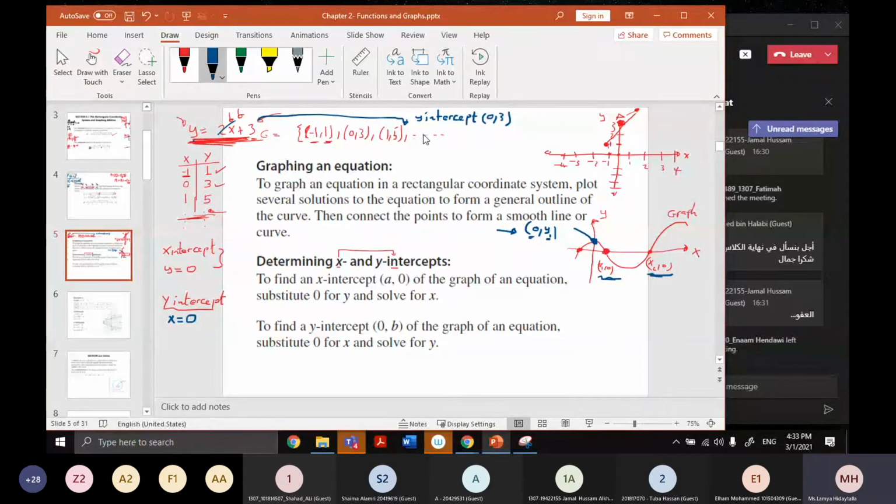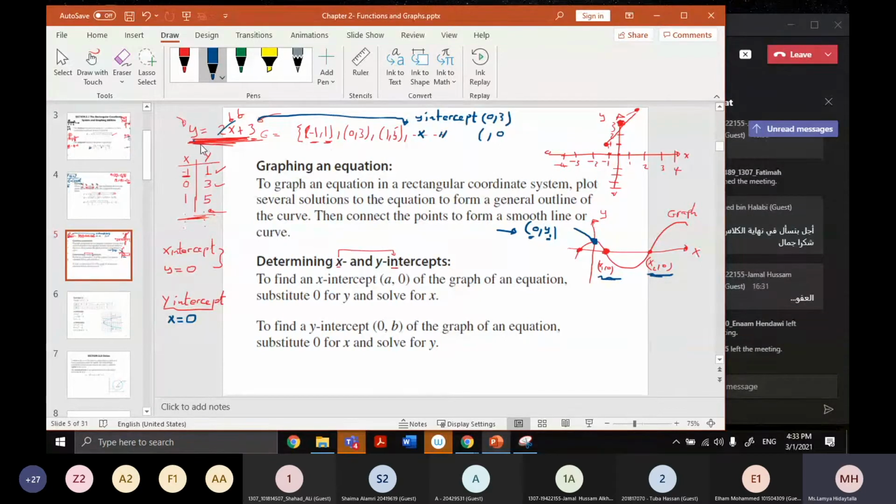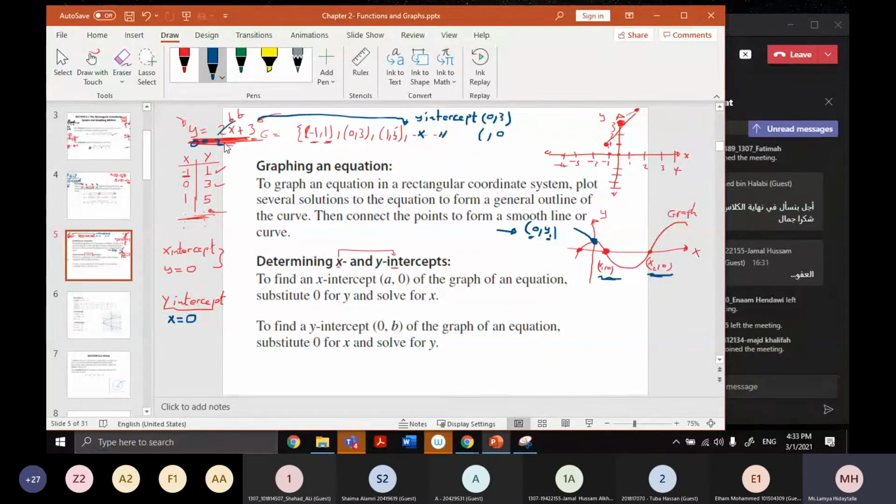Okay? Now, if we need the x-intercept, what do we do? We substitute y by 0, and then we get the x. When we substitute y by 0, the equation is going to be 0 is equal to 2x plus 3, correct.